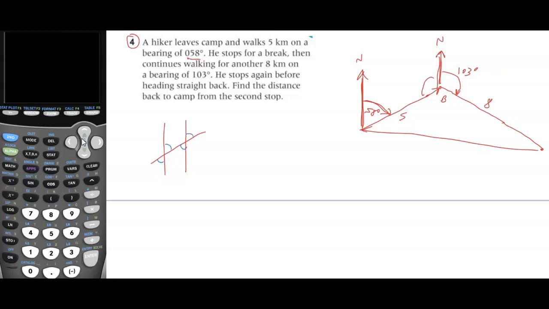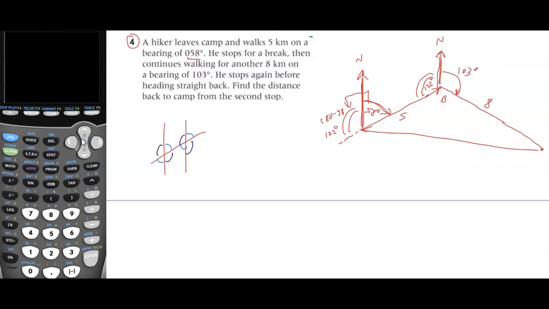Like all these blue angles are the same measure, and all these dark blue angles are the same measure. So in this case, if I extend this line a little bit, then this angle is the same as this angle, right? And these two angles added up become 180, right? So this would be 180 minus 58, which would be 122, right? So if this is 122, this is also 122.